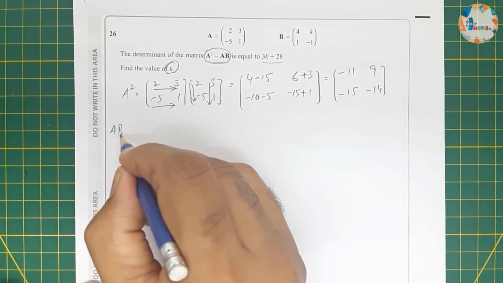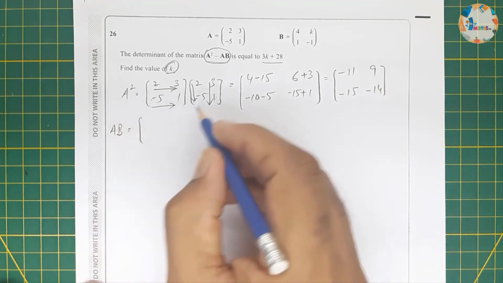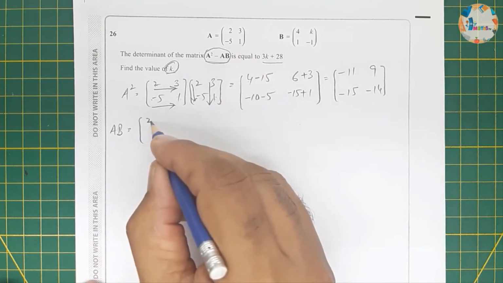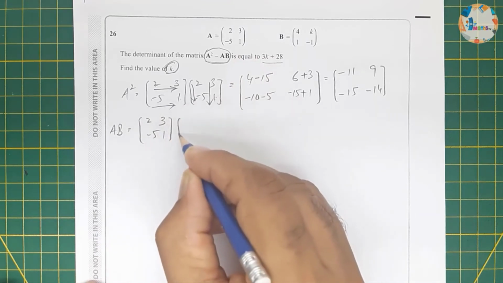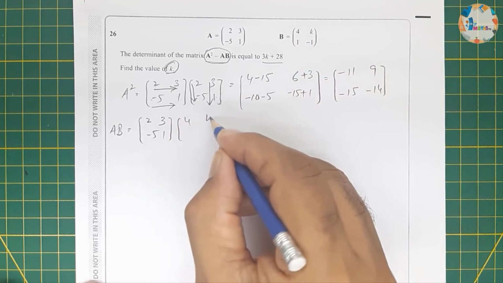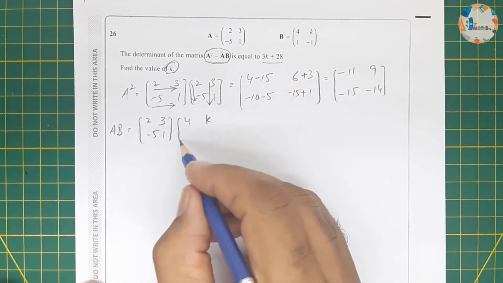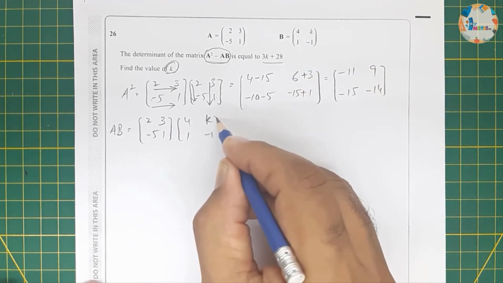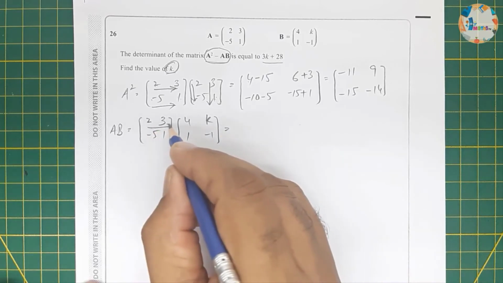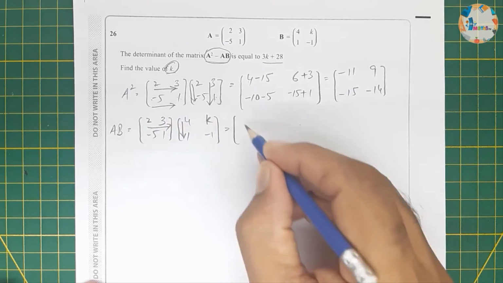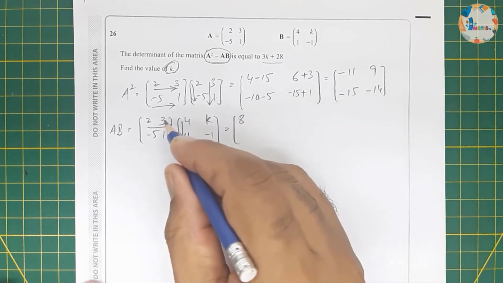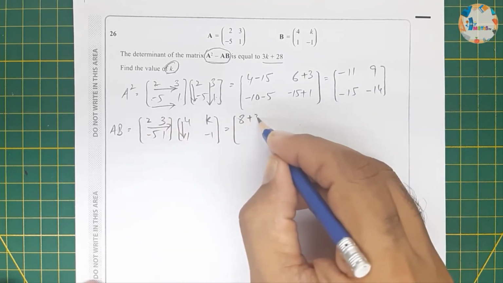Now we have to find AB. For AB, we will write A first. So this will be our A matrix, and B will be this one, 4, K and 1, minus 1. Now we have to multiply first row, first column. So 2 into 4 will be 8, and 3 into 1 will be 3.